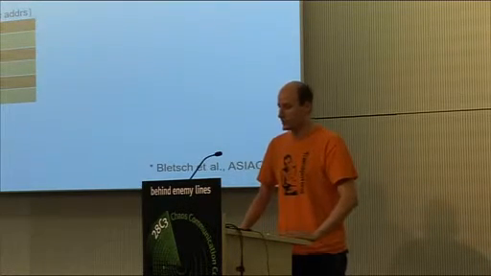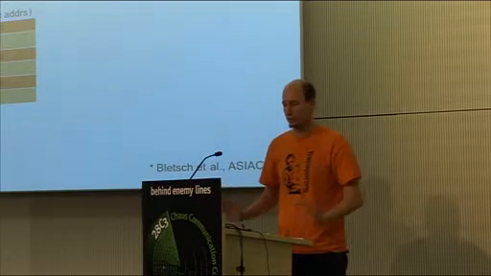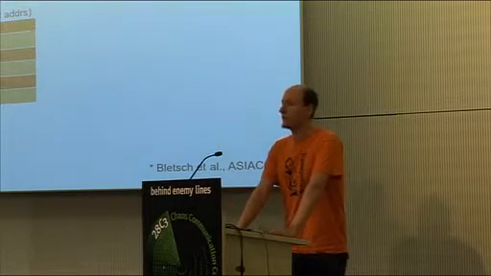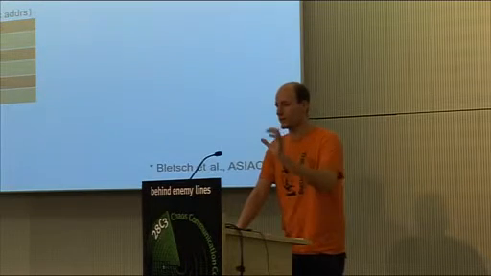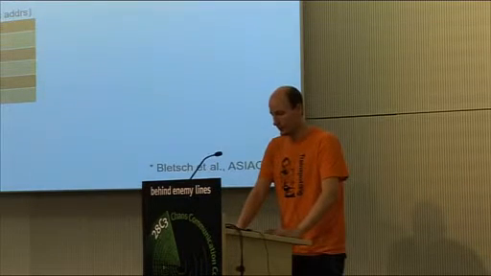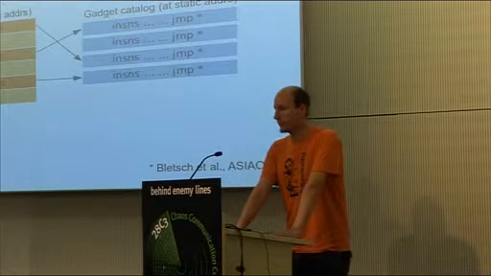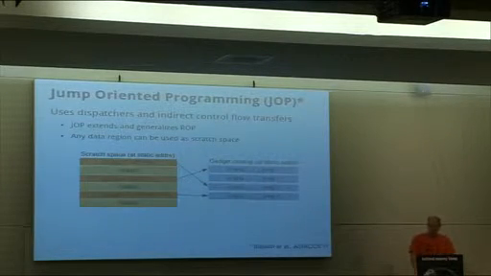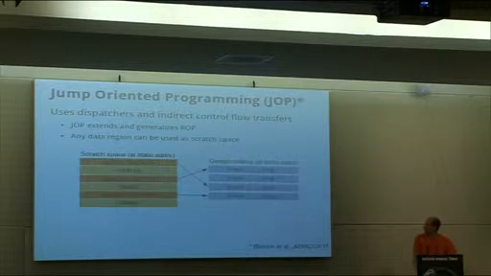We have a scratch space at some static address that we control with a set of gadget addresses and data that we consume in this interpreter. So these gadget addresses point to the gadgets in our catalog.